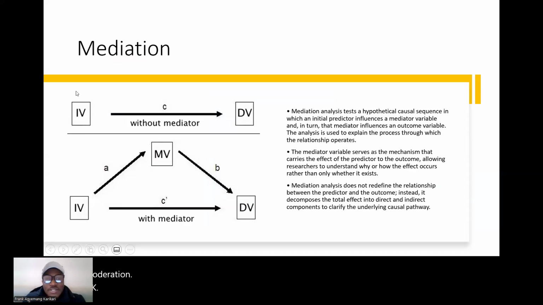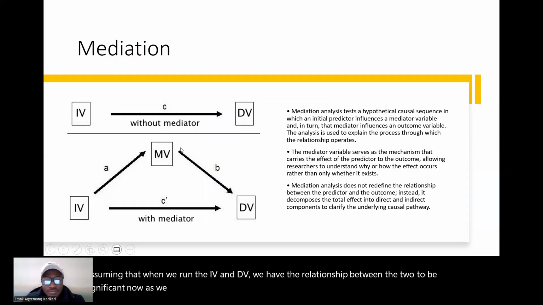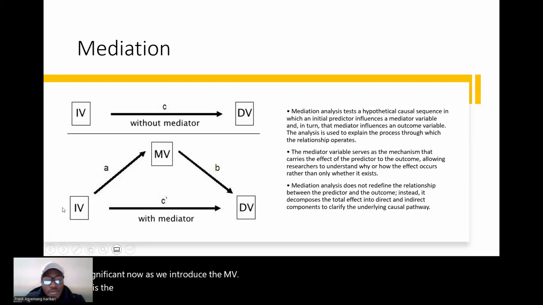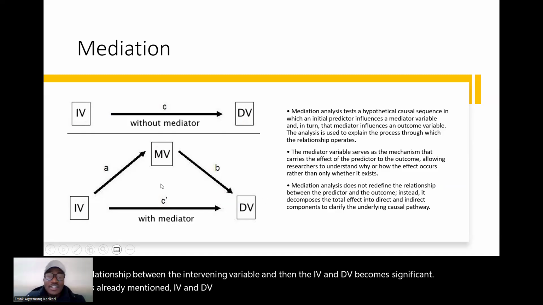So we have the direct relationship here. Assuming that when we run the IV and DV, we have the relationship between the two to be significant. Now, once we introduce the MV, which is the mediator, if the relationship between the IV and DV becomes insignificant, and the relationships between the intervening variable and the IV and DV become significant, such that, as already mentioned, IV and DV are not significant, it means that the MV here gives a full mediation.